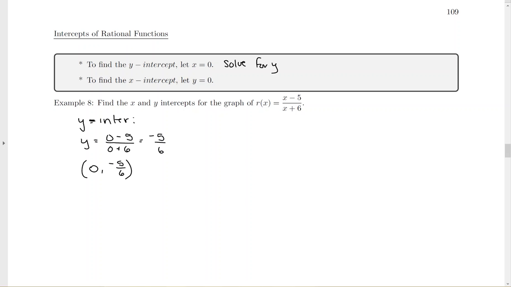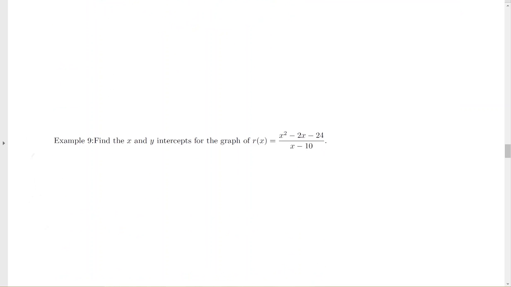All right. Let's do number 9 here. Find its y-intercept. So it's always let x equal 0, and then solve for y. So plugging in the zeros. And what you're going to find is it's just the constant of the numerator divided by the constant of the denominator.